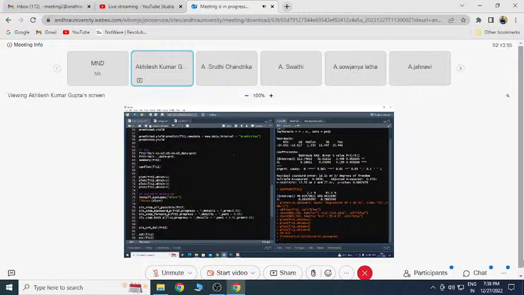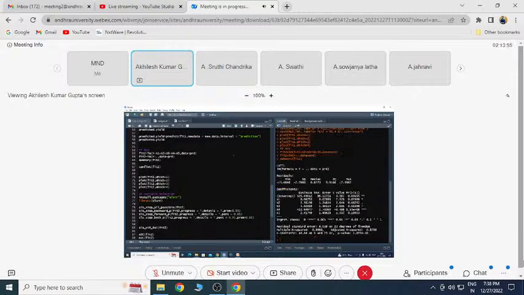We fit the data, and we get all the results for all the variables. This shows beta naught and beta 1 to beta 5, and their significance, whether it is significant or not. When the p-value is less than 0.05, it is significant. When it is greater than 0.05, it is not significant. Here you can see multiple R square, adjusted R square, F value, and p value, everything similar.